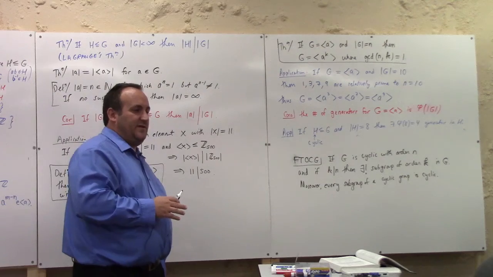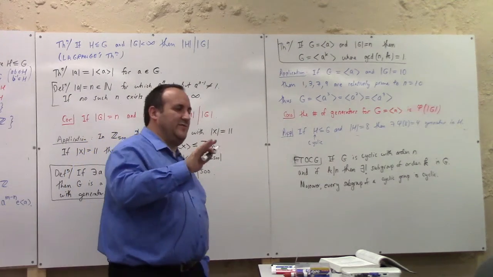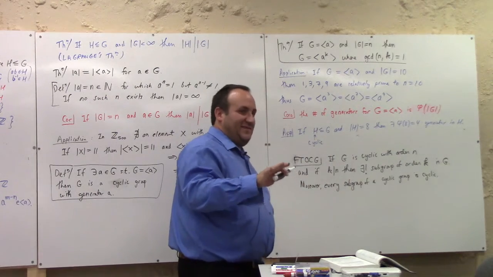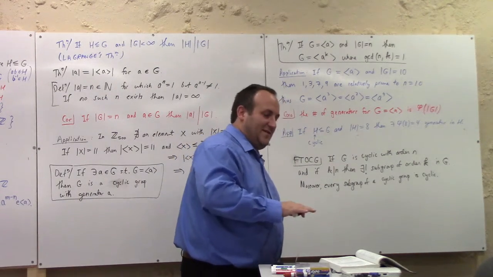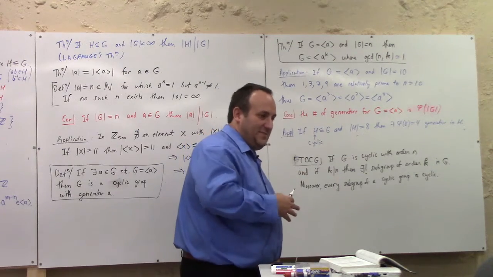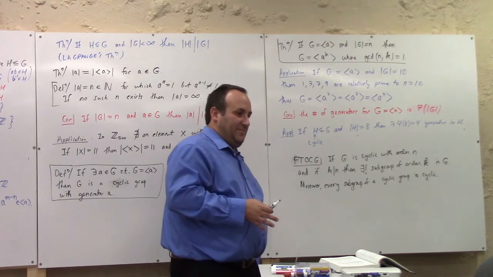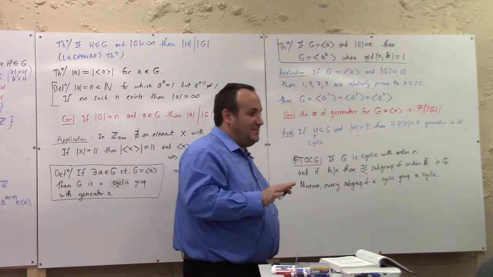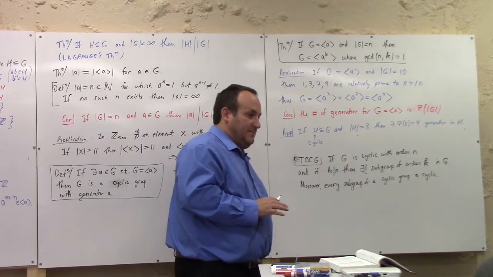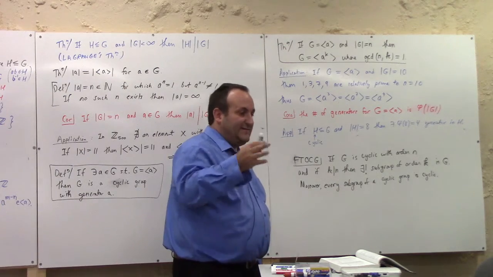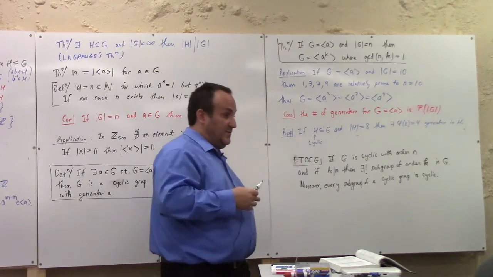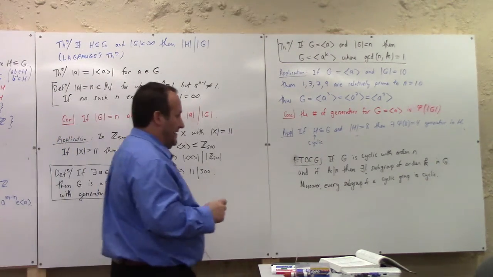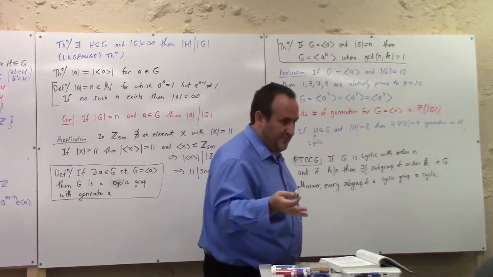But anyway, pardon my ignorance, if 20 is a divisor of the order of your abstract, possibly non-abelian group, it doesn't follow that there exists a subgroup of order 20. There may or may not be a subgroup of order 20 if 20 is a divisor of a non-cyclic group. But for a cyclic group, indeed, there is a subgroup of order k, and more than that, I can give you a formula for it.